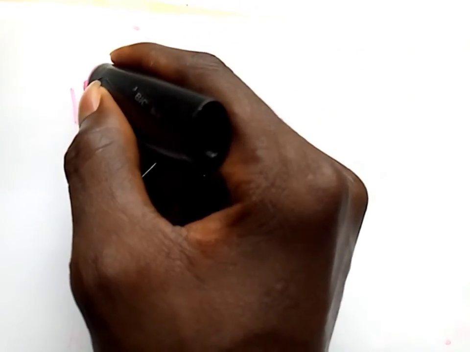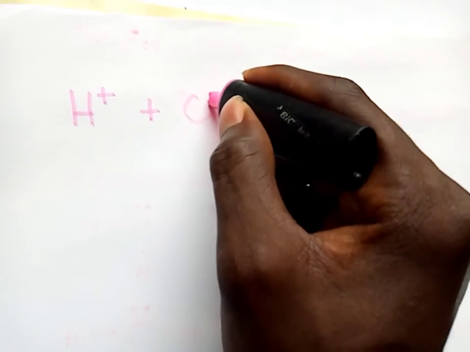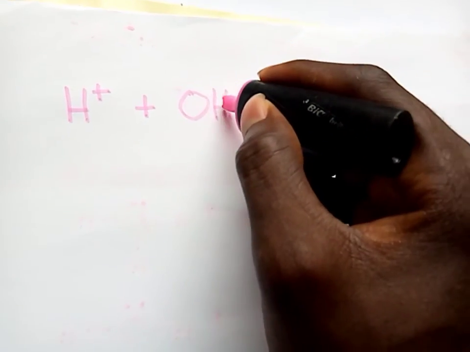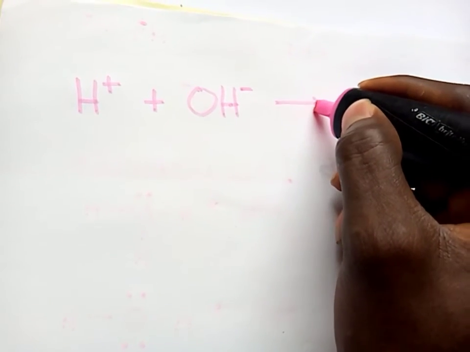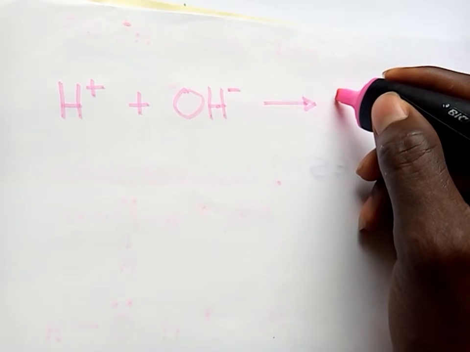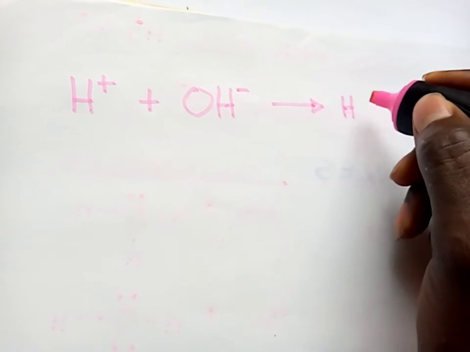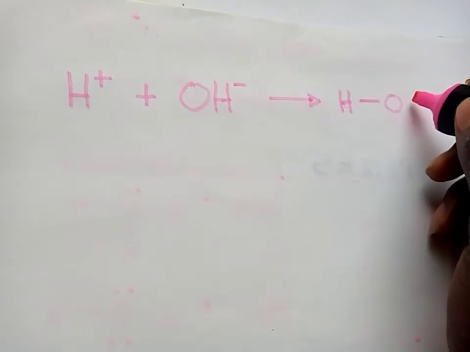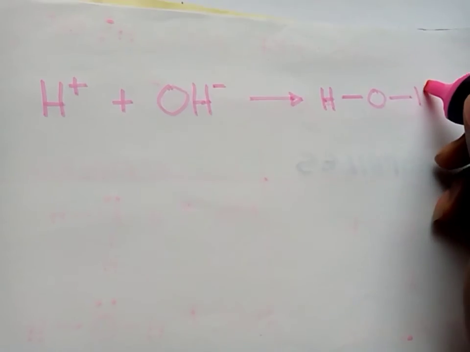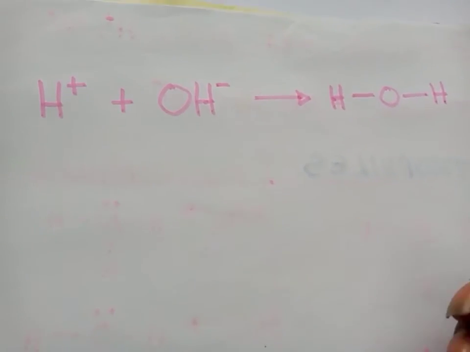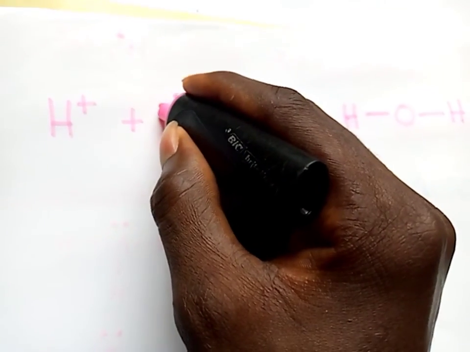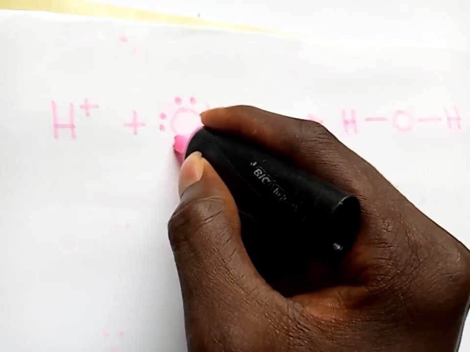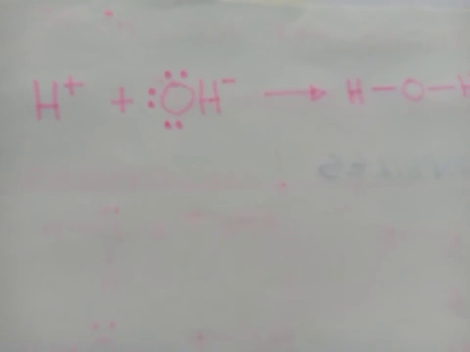These are examples of a nucleophile-electrophile reaction to form water. So here our oxygen has 3 lone pairs of electrons.